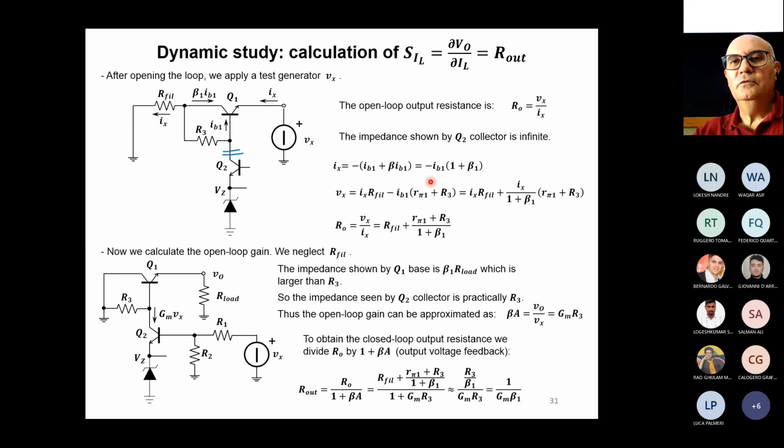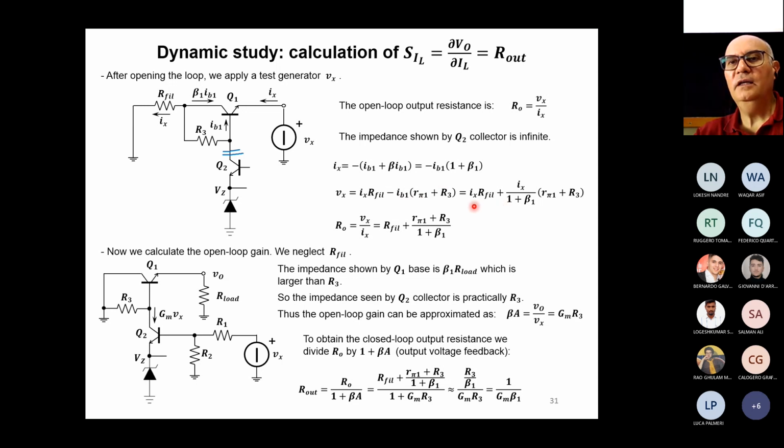Again, I substitute from this relationship, I derive IB1, and I put the result here. So IB1 should be minus Ix over 1 plus beta 1, and I can put IB1 here.